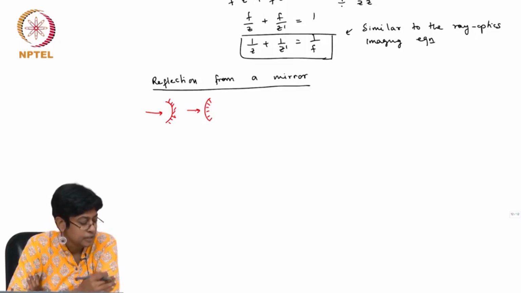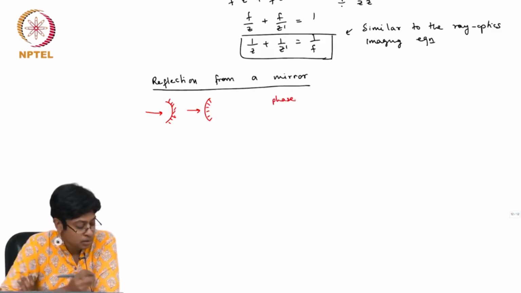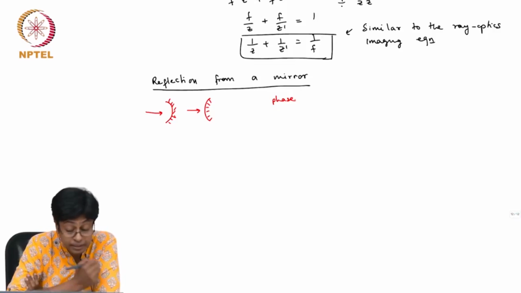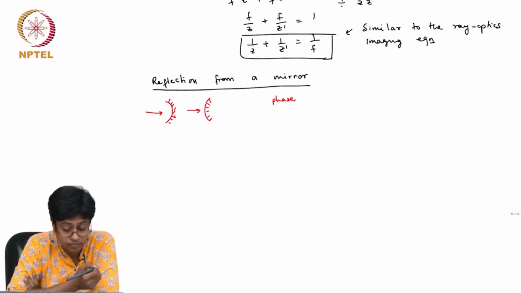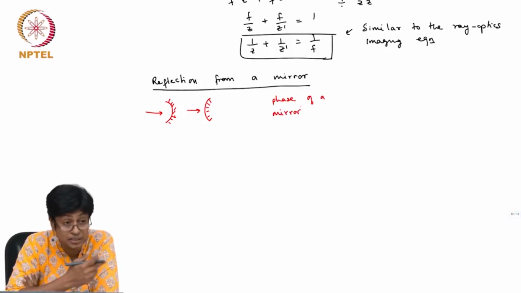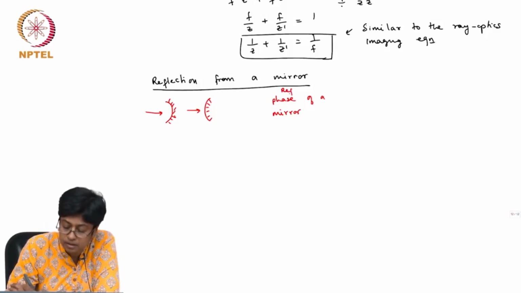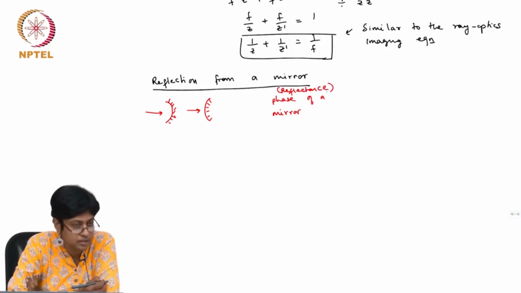So the phase of the mirror itself, just like the lens transmittance could be written in terms of a phase, I can write the reflectance in terms of phase.